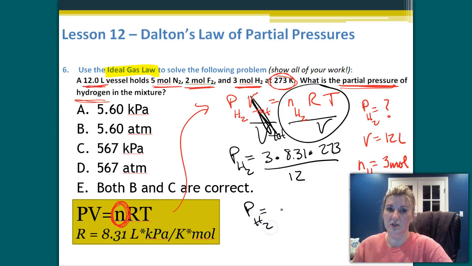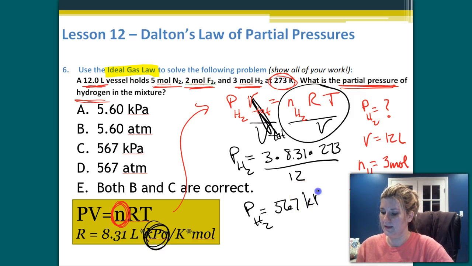The pressure of hydrogen equals 3 times 8.31 times 273 divided by 12, which is 567. And 8.31 is our kilopascal, I've given it to you right there, so that's what our pressure ends up as.